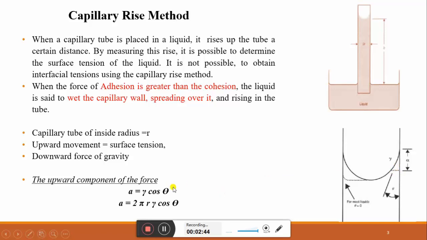The upward force is equal to 2 pi r gamma cos theta. 2 pi r is the circumference of the capillary tube, and gamma cos theta represents the surface tension. If we consider water or most pharmaceutical liquids, they completely wet the wall of the capillary, so the contact angle will be 0, and the value of cos theta will be 1.